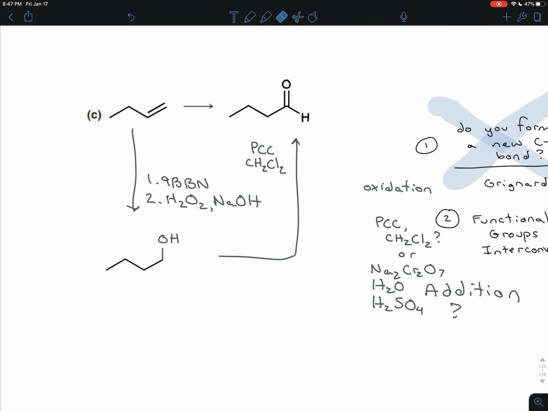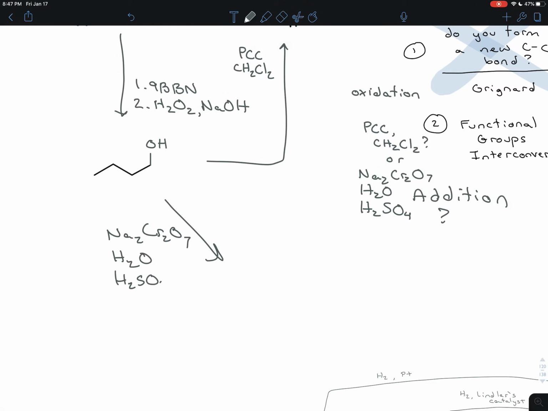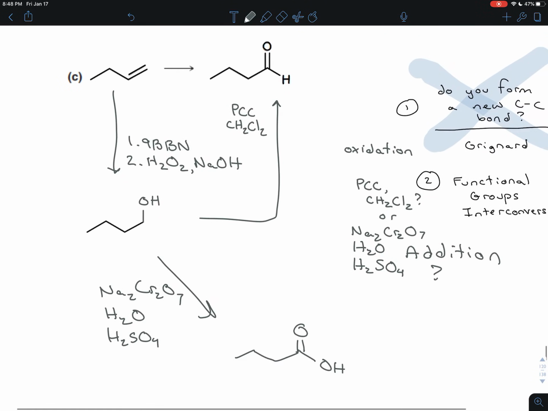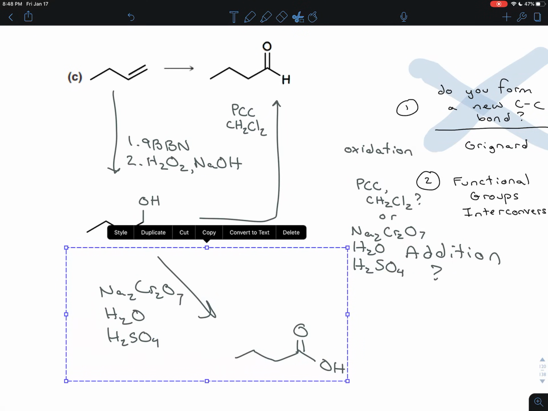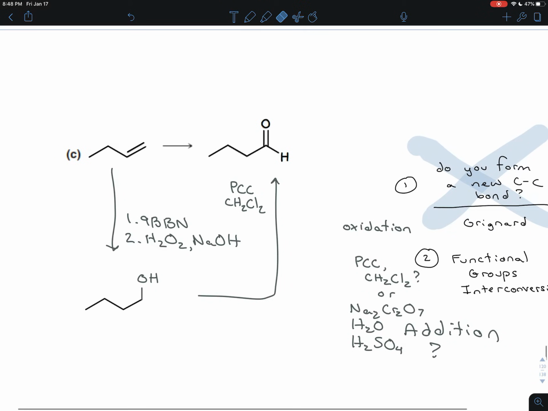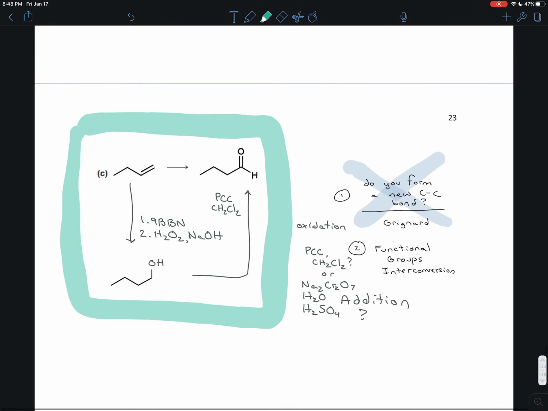If you used the strong oxidizing agent, if you used sodium dichromate, let's say you did that, what you'd end up with is the carboxylic acid. This is a strong oxidizing agent. So you don't want that, you want the aldehyde, so you have to make sure you use the weak oxidizing agent, PCC, pyridinium chlorochromate. Okay, and that's it. That would be the synthesis for that one. So everything in this box, that's what you would want to include in your answer on an exam.